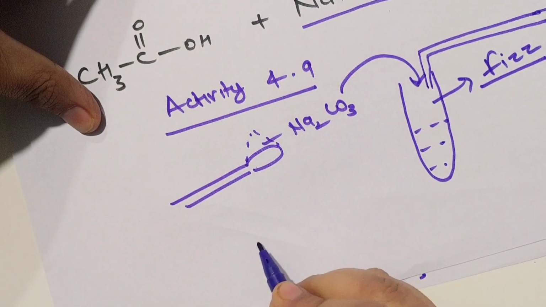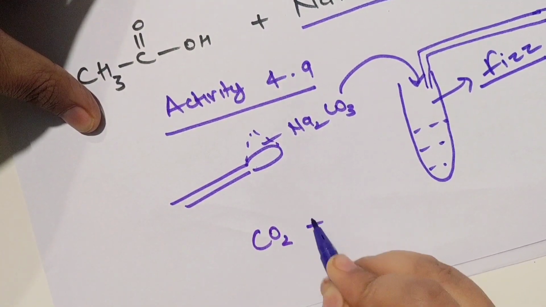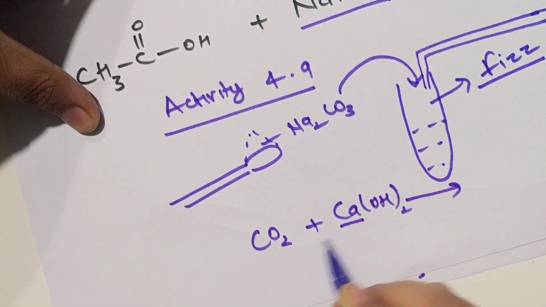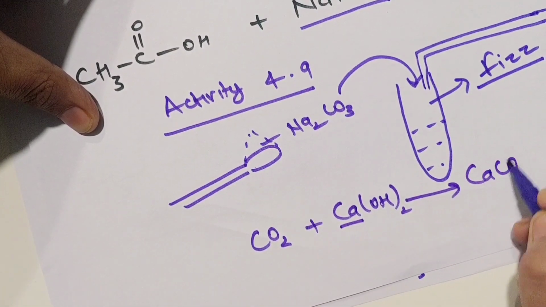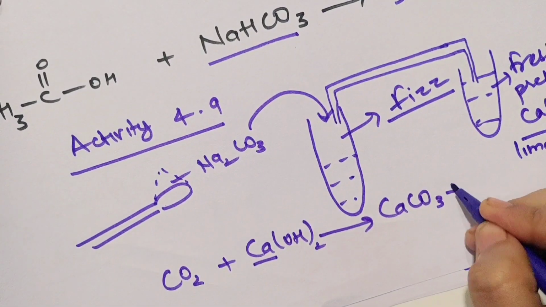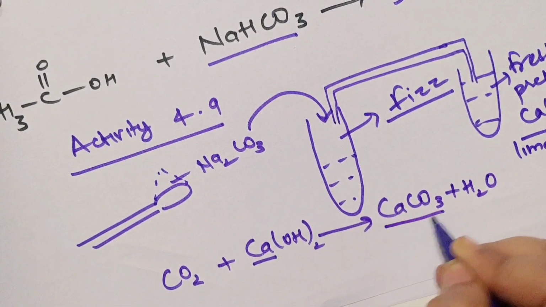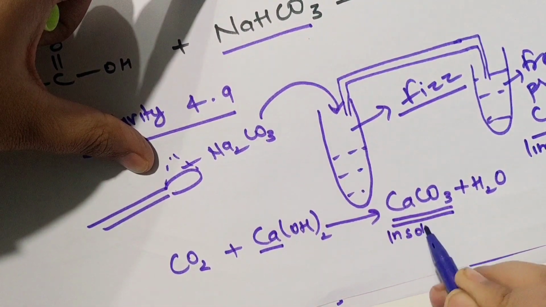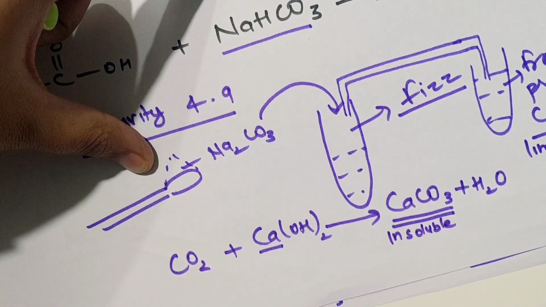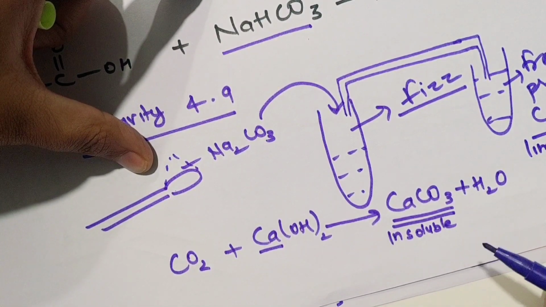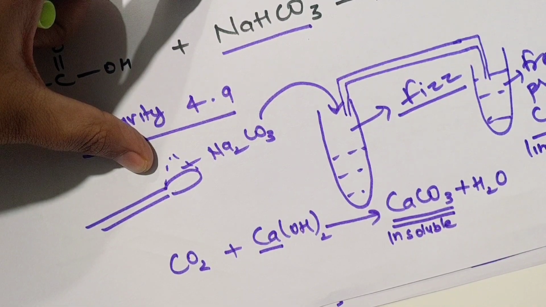Because carbon dioxide, when combines with lime water, it forms calcium carbonate and water. Now this calcium carbonate is insoluble. It's insoluble. That means as soon as it's formed, it's a sort of precipitate.